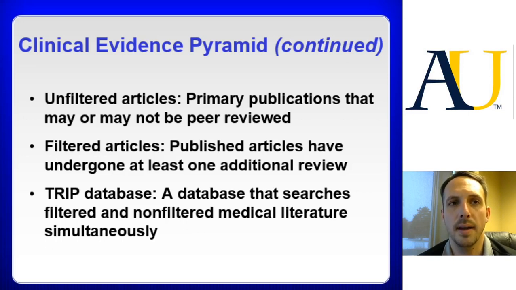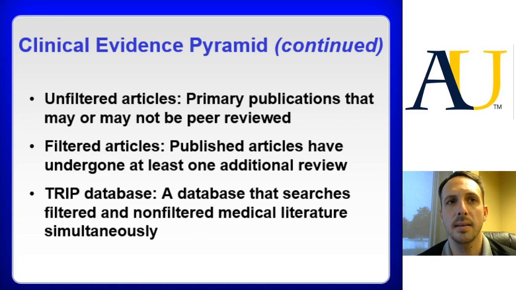What this database does is go one step further and review all of the published articles, giving each a second peer review process, thereby increasing the understanding of the methodological quality associated with that article.